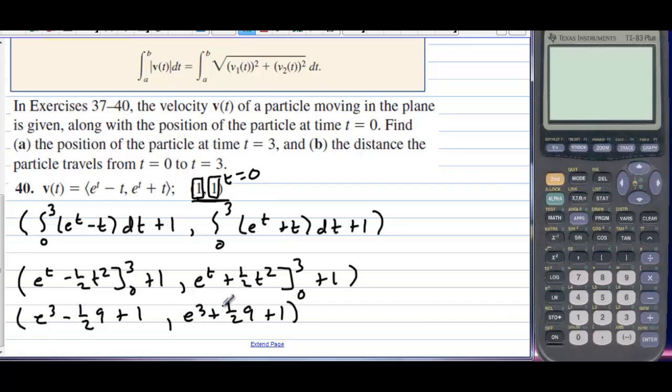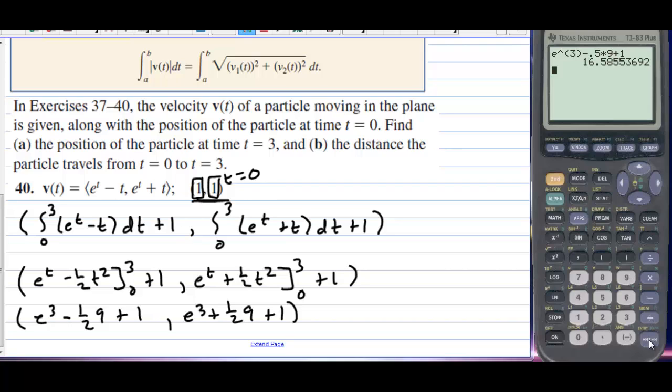The rest of this will be decimal values, so let's use our calculator to get that. We have e to the third minus 1/2 of 9, and then plus 1.